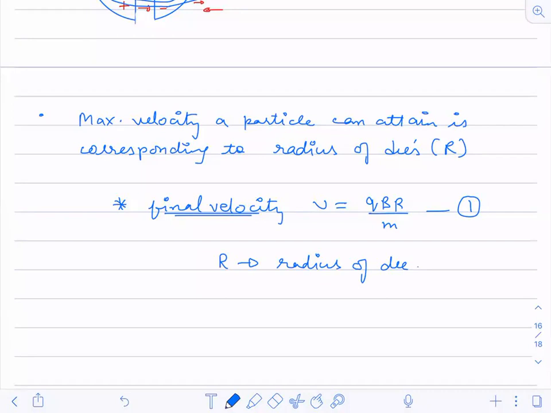Second, what we can calculate is the final kinetic energy of the particle. The kinetic energy K of the particle is written as half mv square. So mv square means q square B square R square divided by m square.